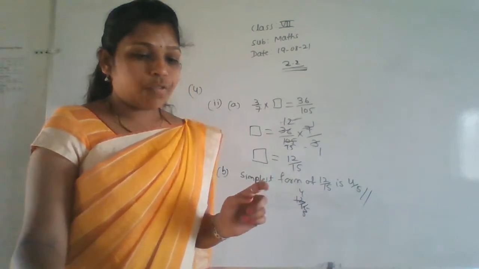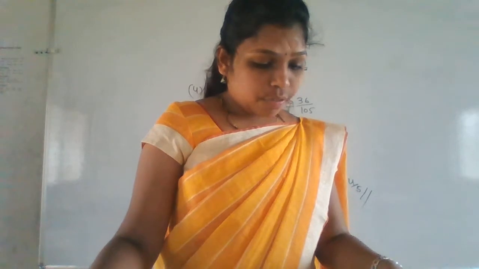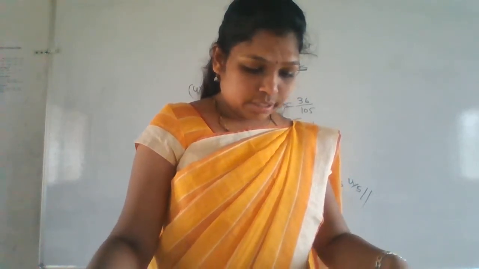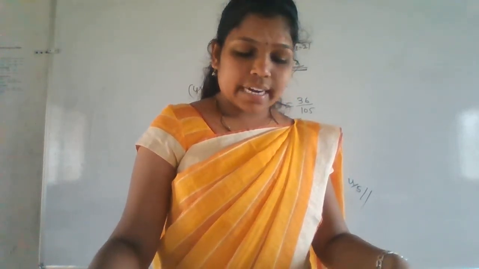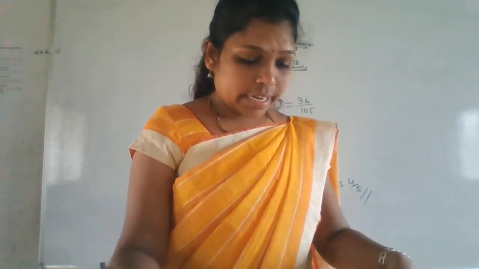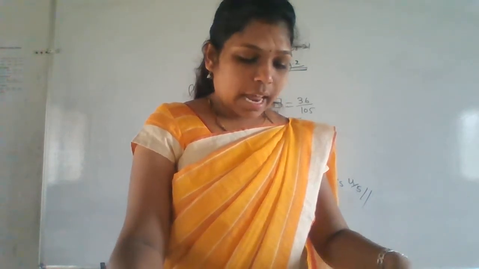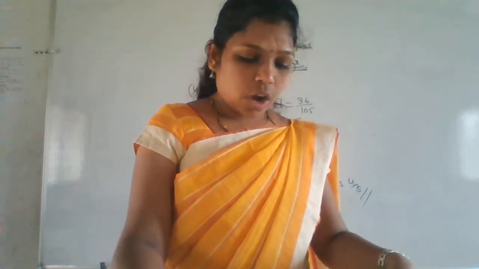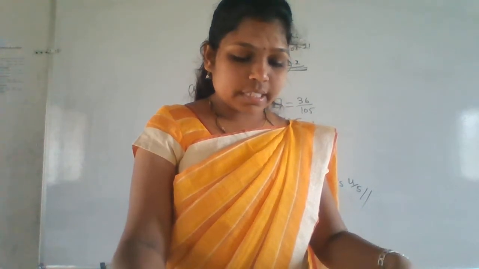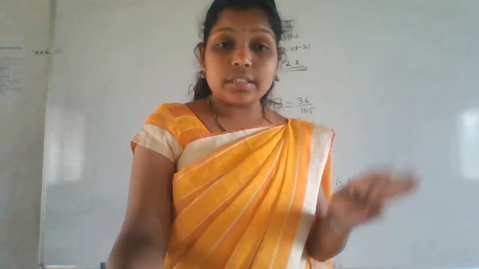Okay. Next, go for the fifth one. What is the fifth question they have given here? For the fractions given below: first, multiply and reduce the product to the lowest possible form. Second, tell whether the fraction obtained is proper or improper. And third, if the fraction obtained is improper, then convert it into a mixed fraction. So for every problem we have to do three things.